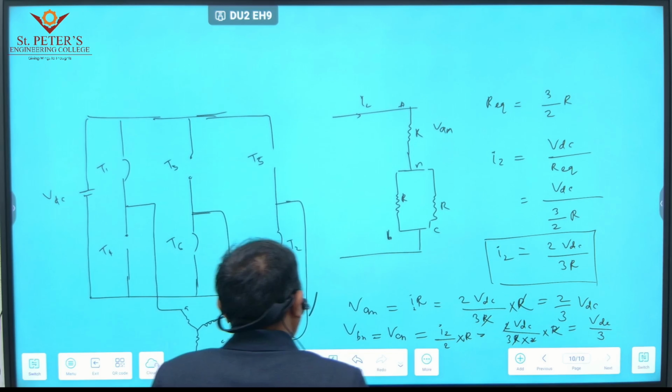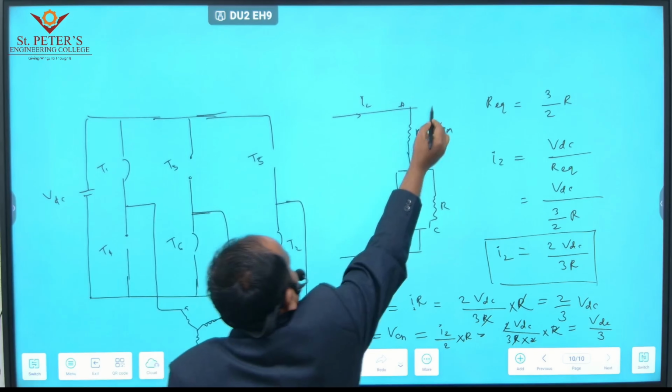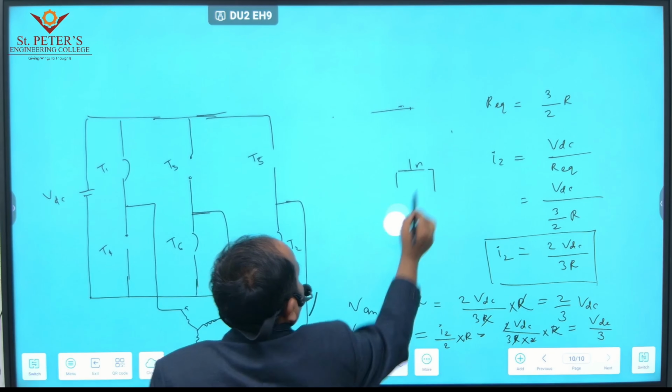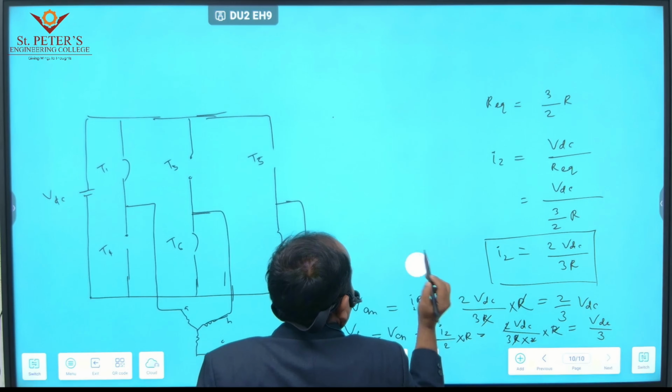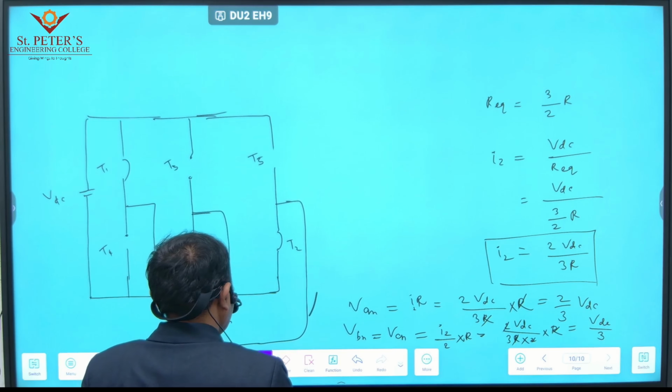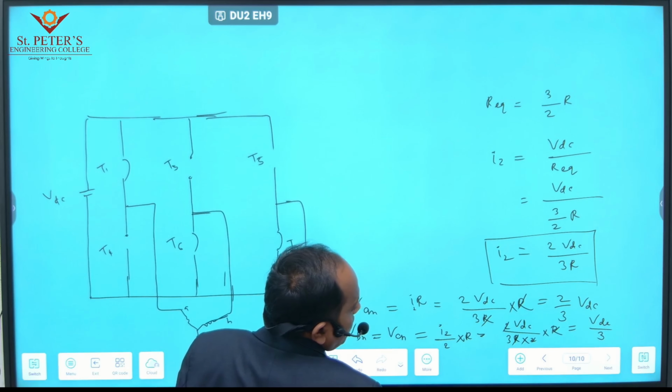Okay, finally from this we can conclude what phase voltages we are getting for the next instant, that is from 60 to 120 degrees.